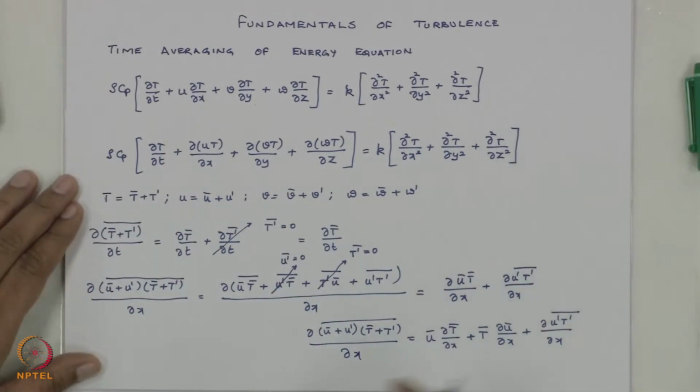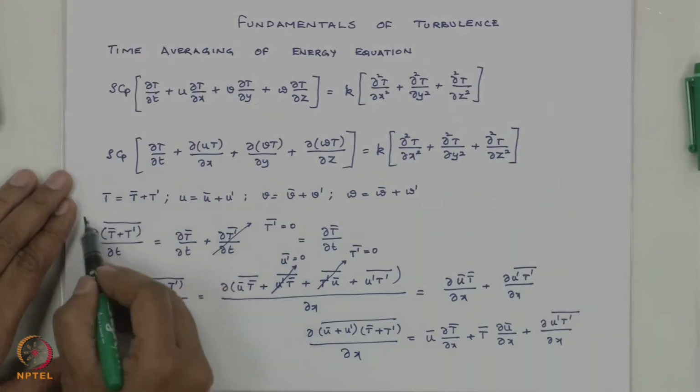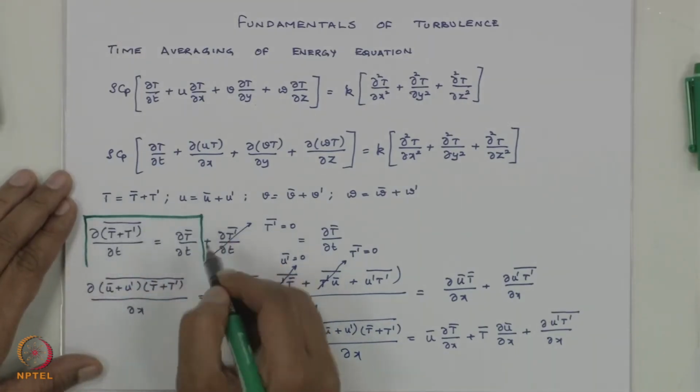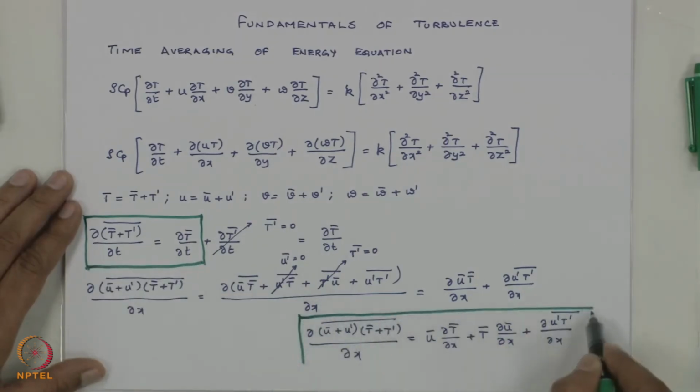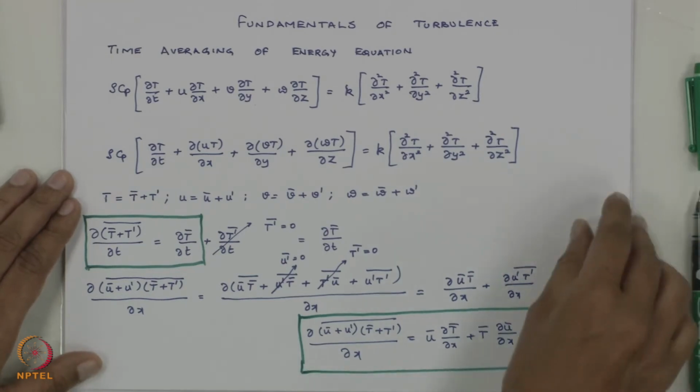So I have found ∂((ū+u')(T̄+t'))bar/∂x as this first term, and this is my second term. Okay, now let us take up the third term.